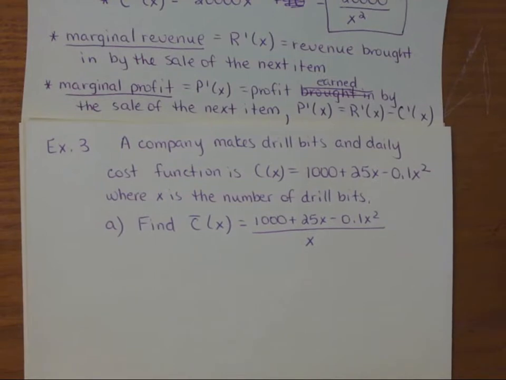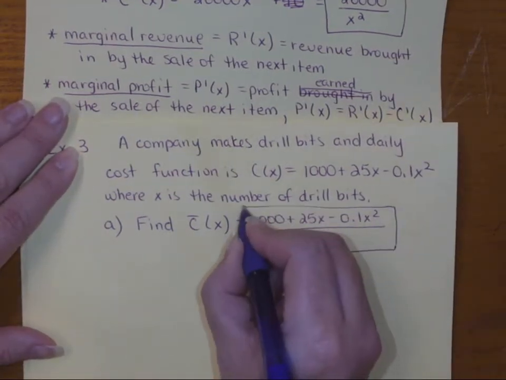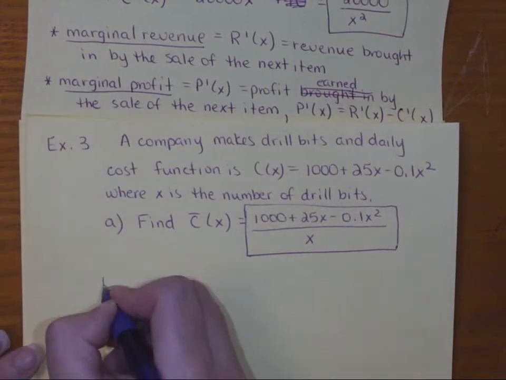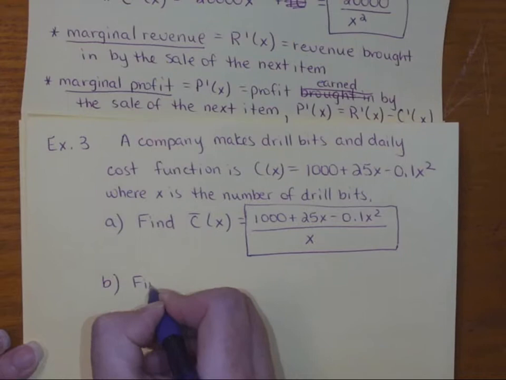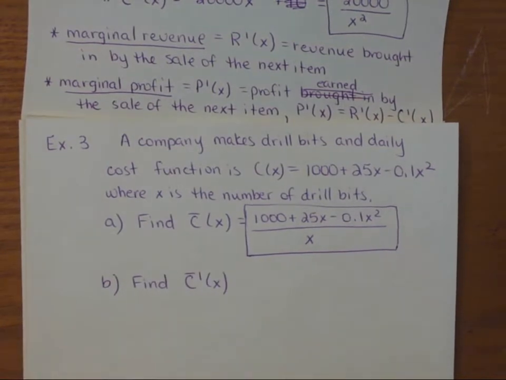Now, I could leave the function in this form if I want to. So for this one, I think I'll just go ahead and leave that as the average cost. I'm not going to change forms, but you'll find out maybe in part B that I might need to change forms at that point. So what if I asked you to find the derivative of that?